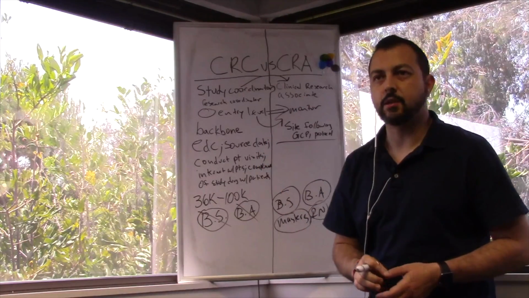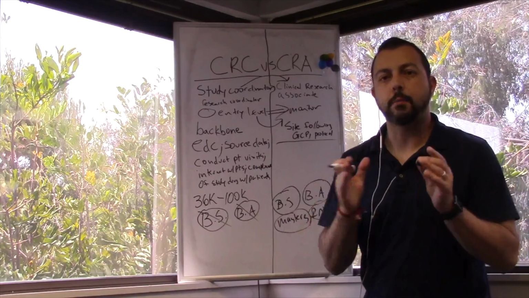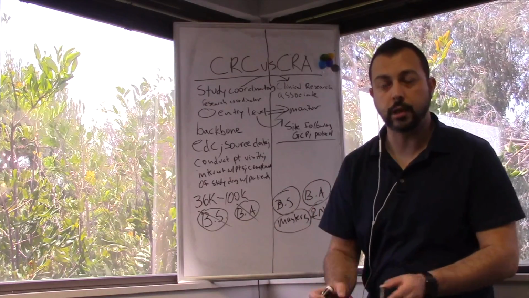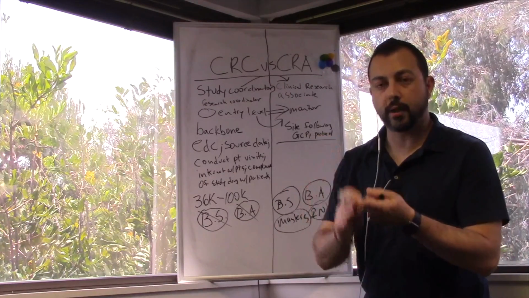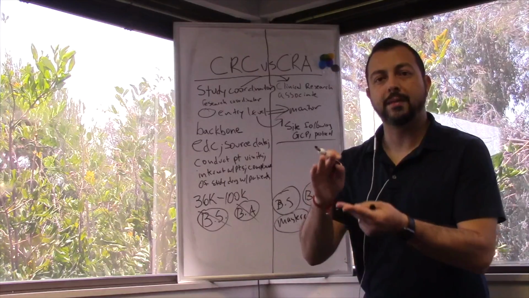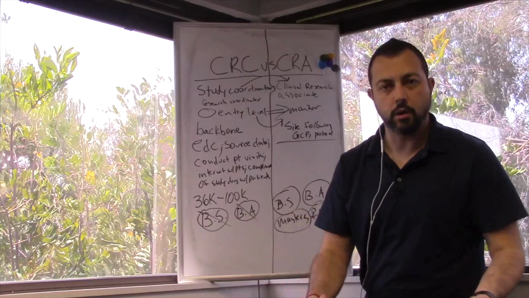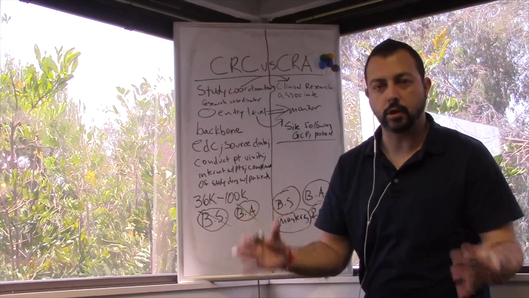Also, unlike the study coordinator, the CRAs are not employed by the PI or the research clinic. They're employed either directly by the sponsor or by the companies, the organizations that they work for, called CROs, or contract research organizations.